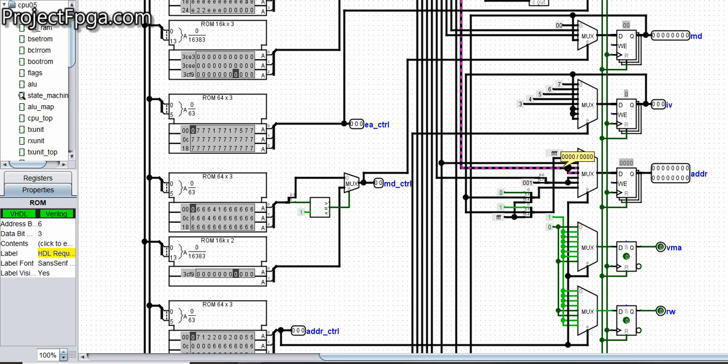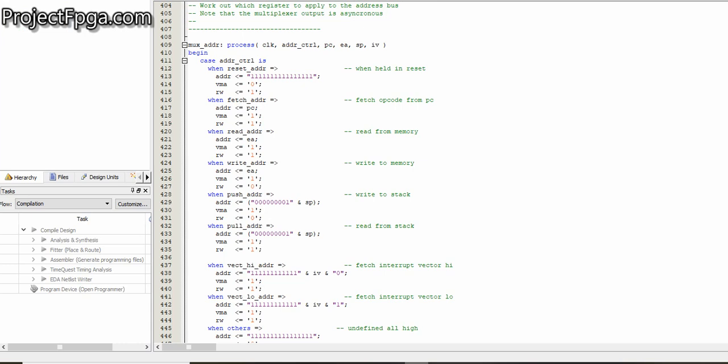Then again, you can also see it from the code itself. When you're talking about the write address, the address is still the EA address, that is EA memory. And when you're talking of reading, the address is still the EA address, but the difference between them is this bit here.